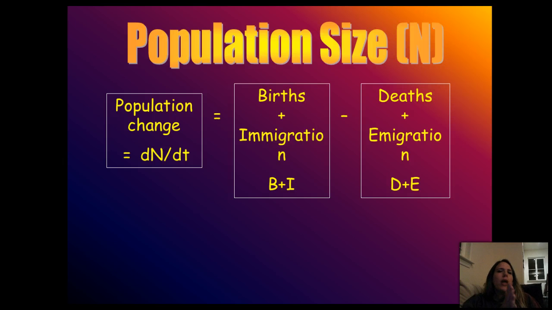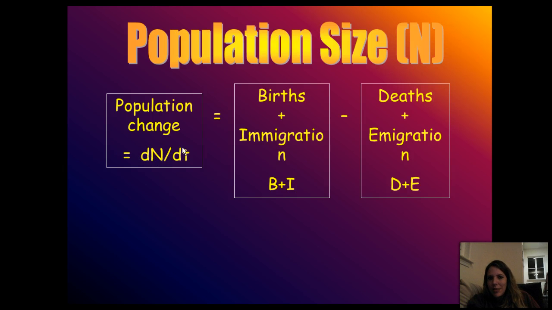Now, what happens if you're interested in looking at how that r value changes through time? In other words, how do births, immigrations, deaths, and emigrations change, and how does that change affect the rate at which you're adding individuals to the population? In that case, we say that we're studying the population change, how the population's size is changing over time. We use a Greek letter called delta.